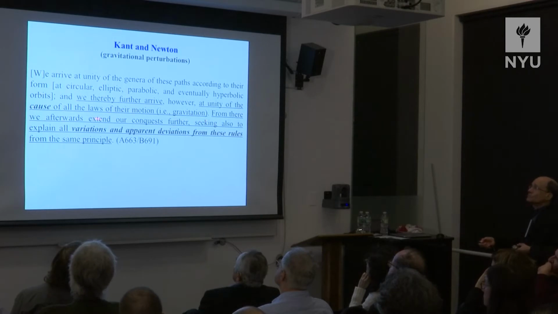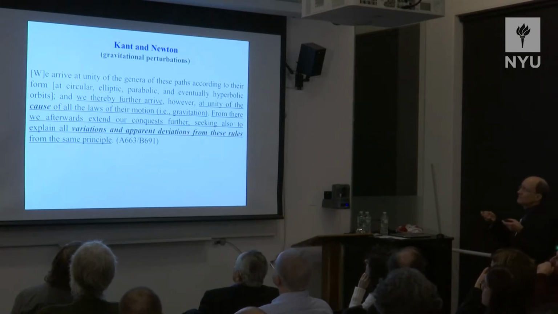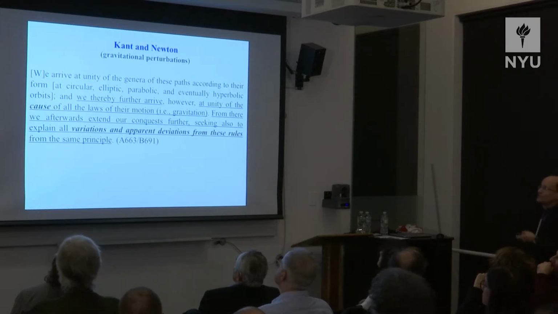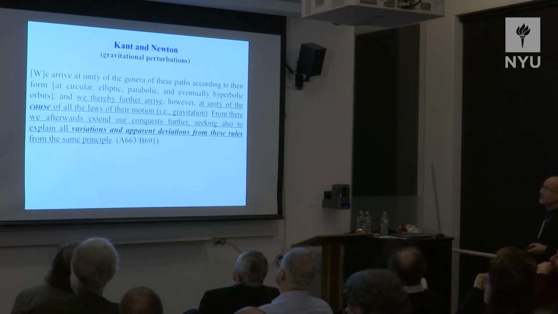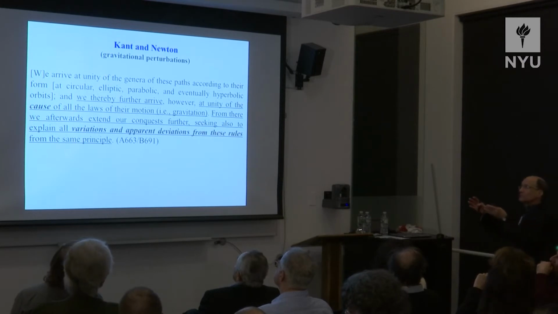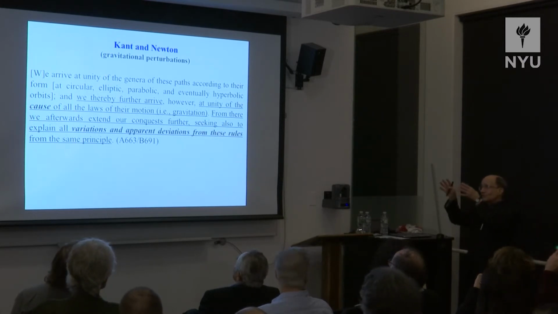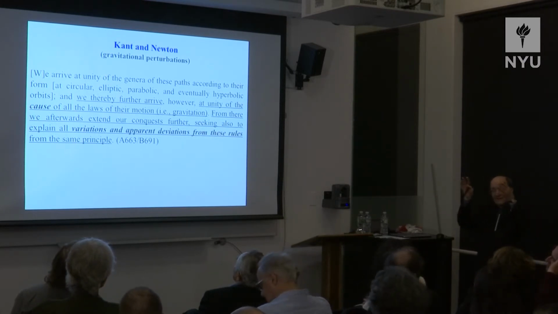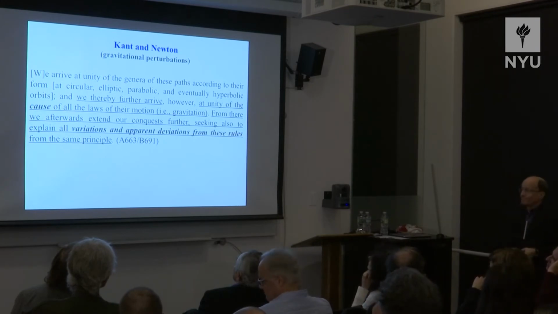From there, we afterwards extend our conquest further, seeking also to explain all variations and apparent deviations from these rules from the same principle. If those aren't the planetary perturbations, I will eat my hat. Kant mentions them here. It's the only place that I know of that he does. So he's completely open to all the corrections that can be made within Newtonian perturbation methods.